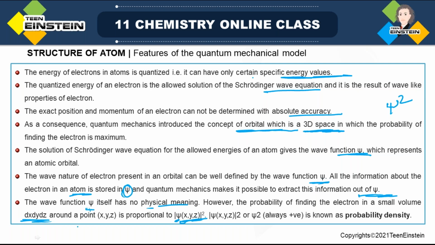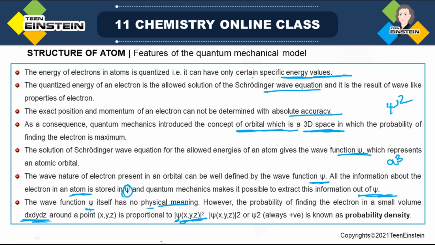So three positions are there. We know, when you find the volume of any cube, you take the length of the cube, a, and multiply it 3 times, so it becomes a cubed. Similarly, if you consider a small volume in space, how will you get it? Obviously by multiplying dx dy dz around a particular point xyz.